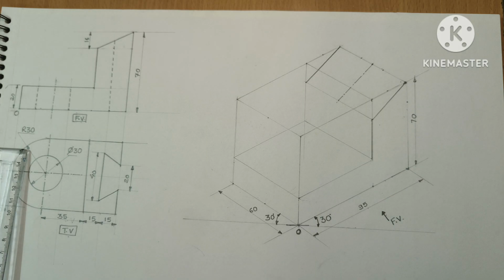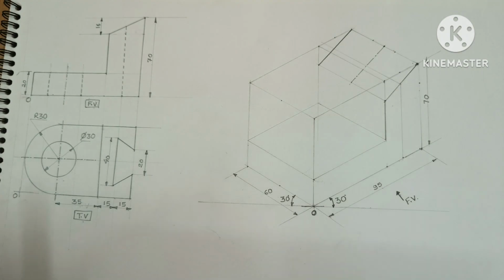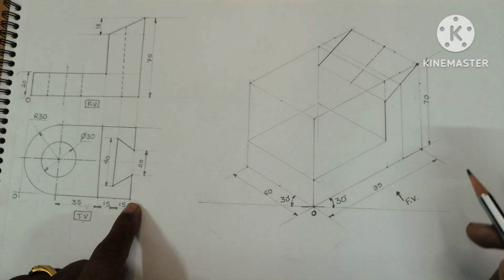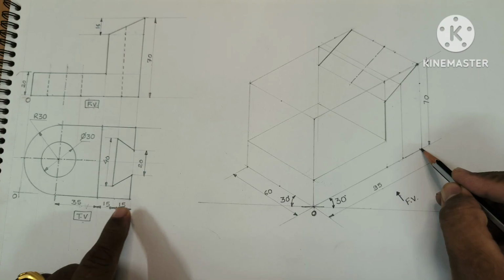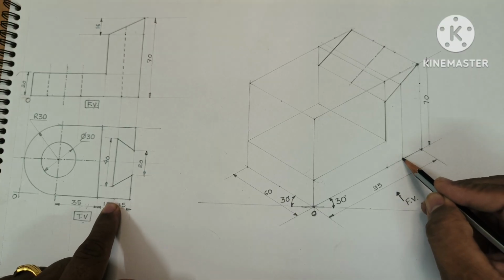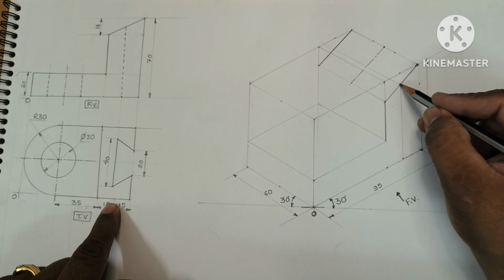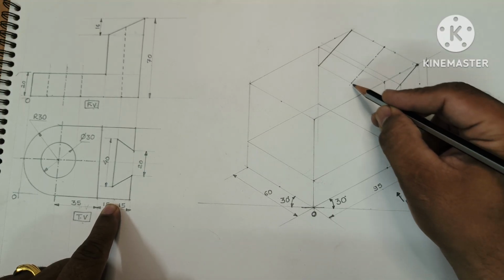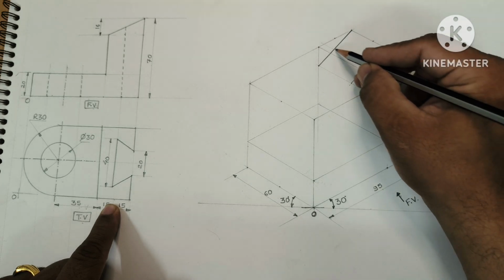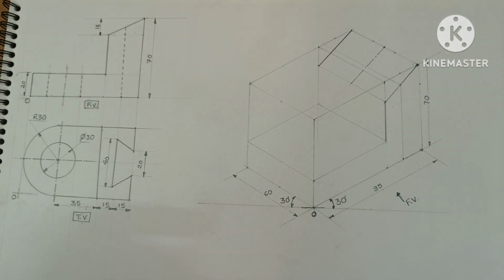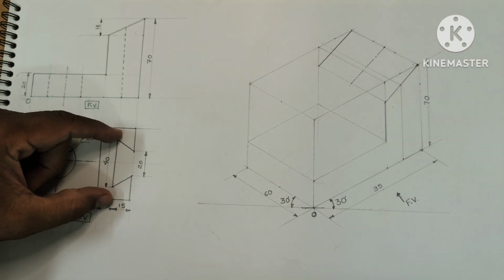Now we will see from this point towards the left side, 15 distance is marked. Then from the 15 distance I have taken a faint line, and from this point I have drawn one parallel line to this line here. Now we will see this 40 distance.